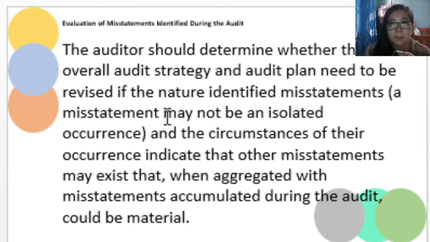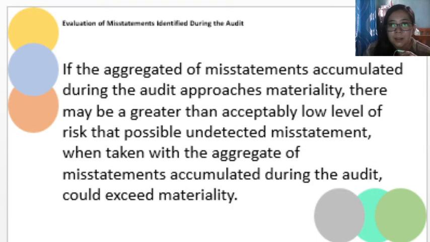So this is the consideration of the auditor whether to revise his overall audit strategy as well as his audit plan. So if the aggregate of misstatements accumulated during the audit approaches a material amount, there may be a greater than acceptably low level of risk that possible undetected misstatement, when taken with the aggregate of those misstatements which are accumulated, could exceed materiality.